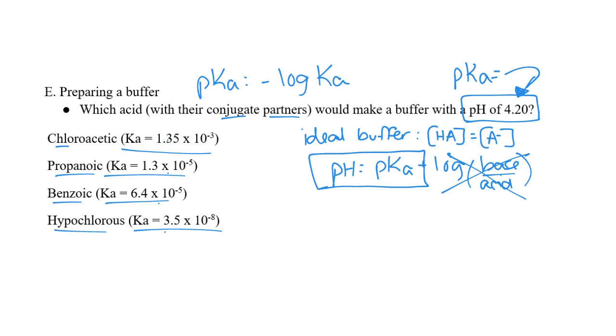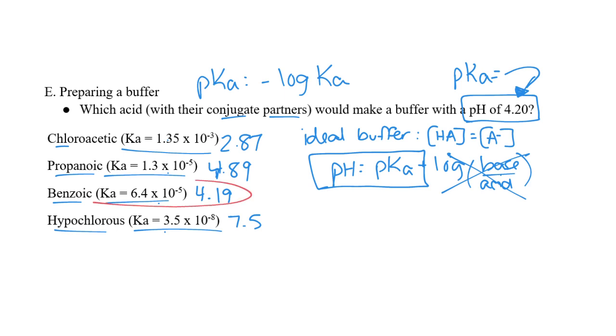When I negative log chloroacetic acid, I get 2.87. Propanoic acid, I get 4.89. Benzoic acid, I get 4.19. And hypochlorous, 7.5.